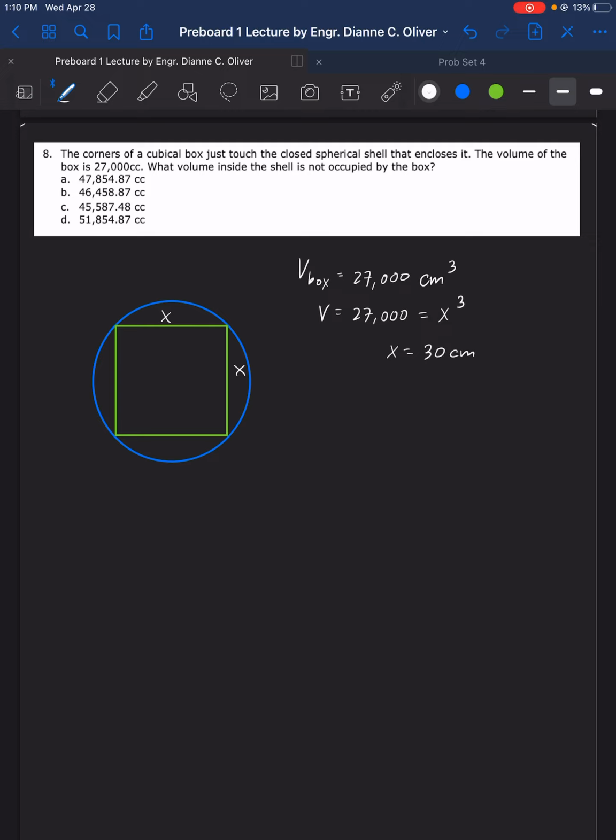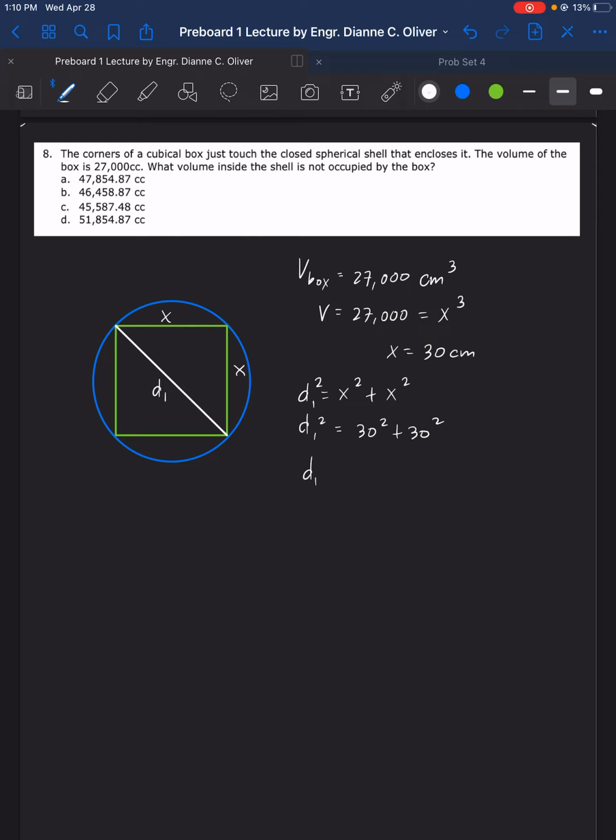And if we want to get the value of the diagonal, which we think is also the diameter of the sphere, we will just use the Pythagorean theorem: d sub 1 squared is equal to 30 squared plus 30 squared.